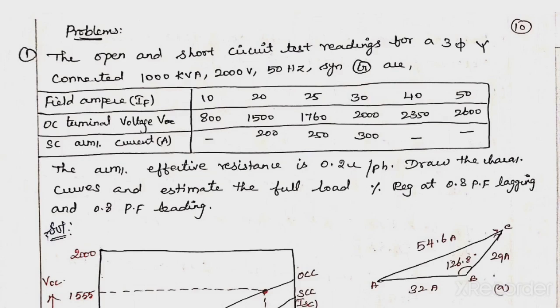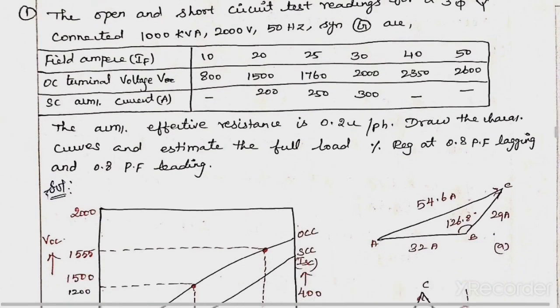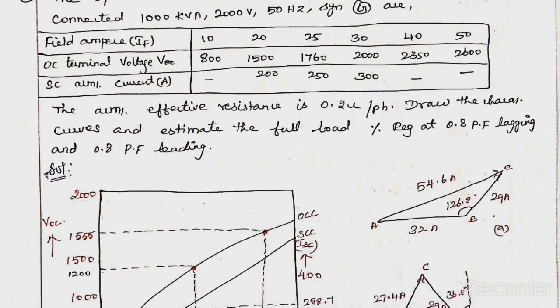The armature effective resistance is 0.2 ohm per phase. Draw the characteristic curves and estimate the full load percentage regulation at 0.8 power factor lagging and 0.8 power factor leading. First we have one graph for IF versus VOC and IF versus ISC.